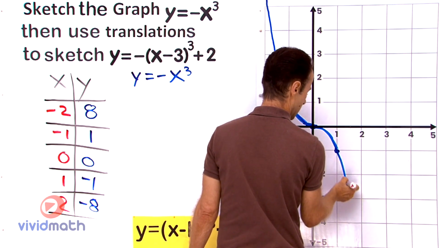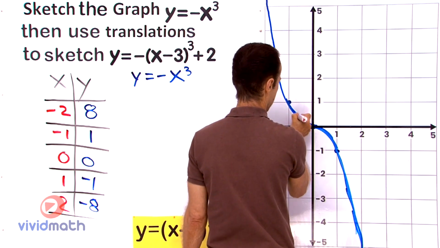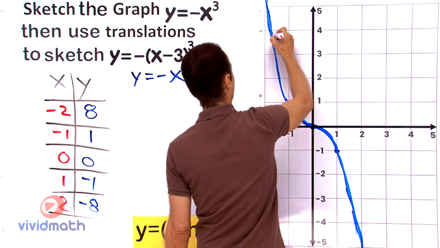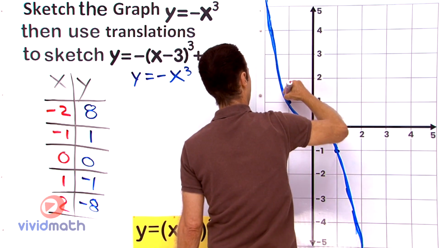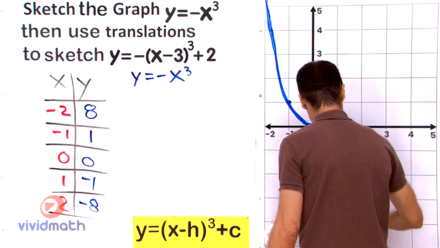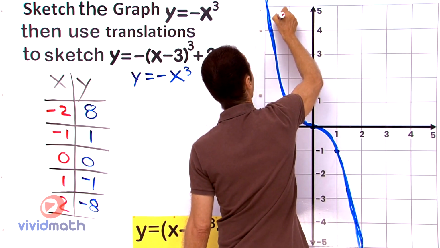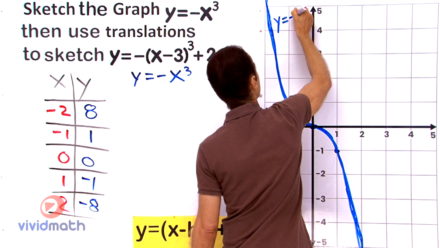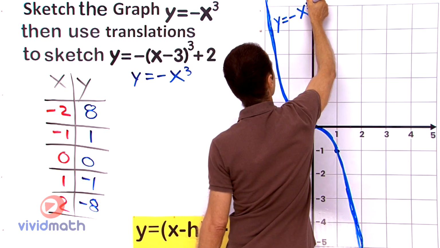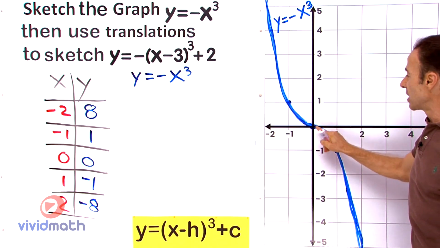That's a cubic. Okay, it's a bit wobbly. There we go. So we've got y equals negative x cubed. There it is. There's our vertex at 0, 0.